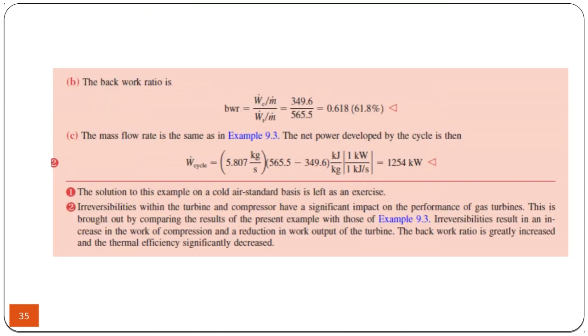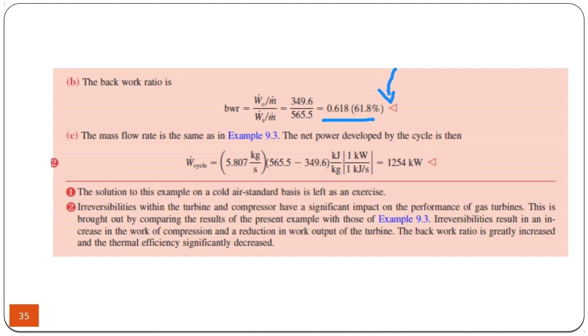Similarly, if you calculate the backwork ratio, it is now 62%, and it was 40%. It's because of the irreversibilities in the compressor and the turbine, and because the turbine produces less work output and the compressor requires more work input, the backwork ratio is also higher than the previous one.